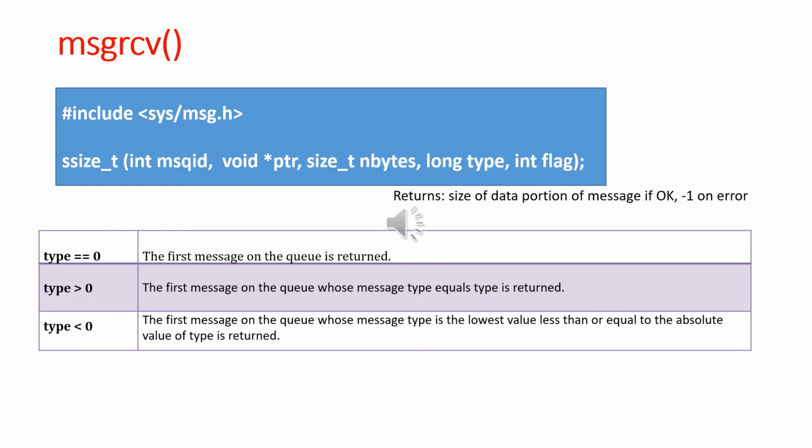If IPC_NOWAIT is not set, the process will be suspended, waiting for an appropriate type of message to arrive in the queue. If it succeeds, it finally returns the number of bytes in the receive buffer, otherwise it shows -1, which indicates an error. This is some simple information about how to retrieve messages from the message queue using the msgrcv function with different parameters.